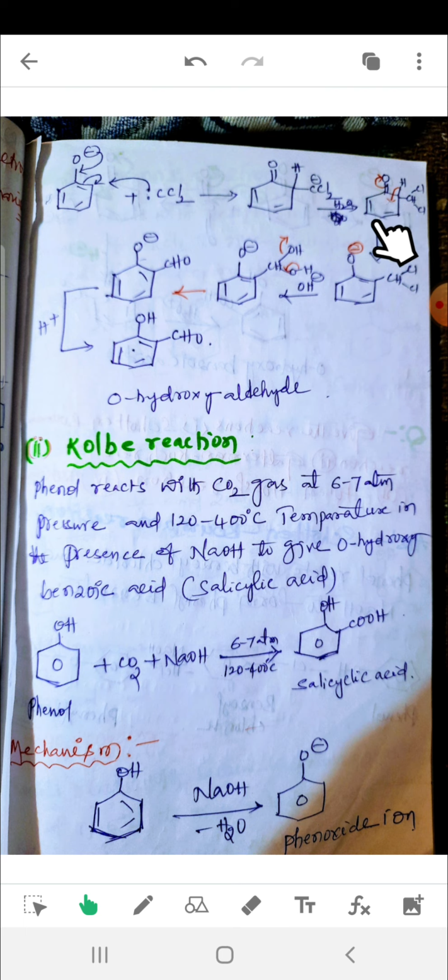So what is happening here? One H is added to this carbon atom, and O minus is formed. This H comes from this area. CH here, CH here, Cl is there. You have to remember that point.